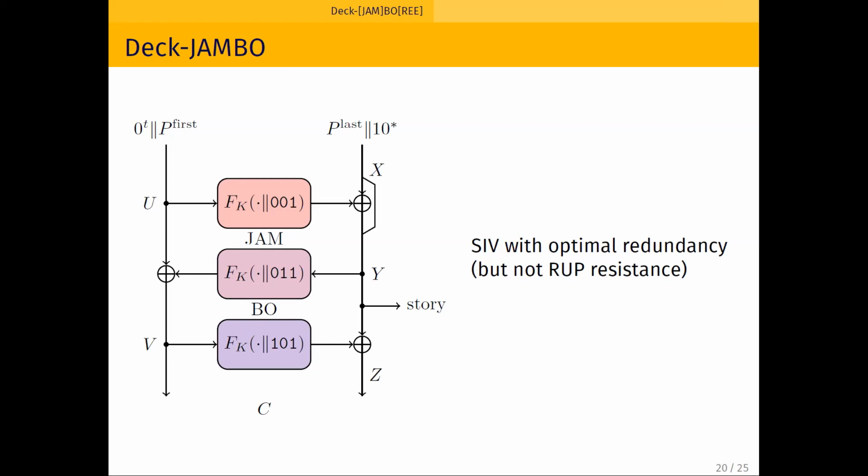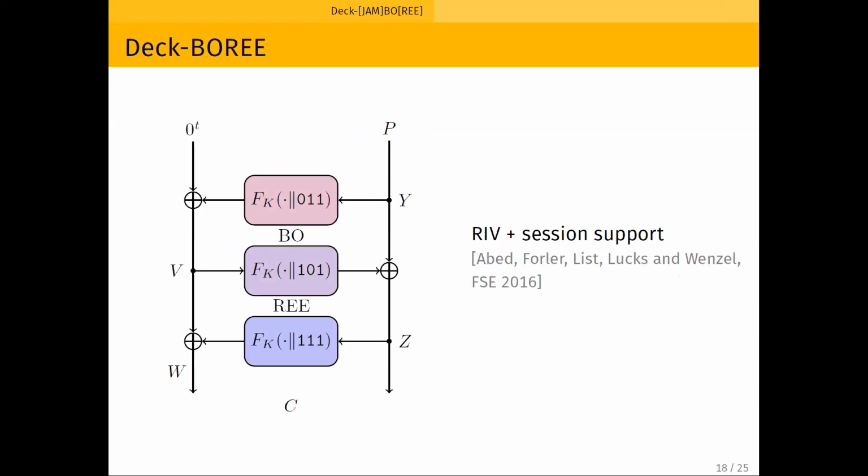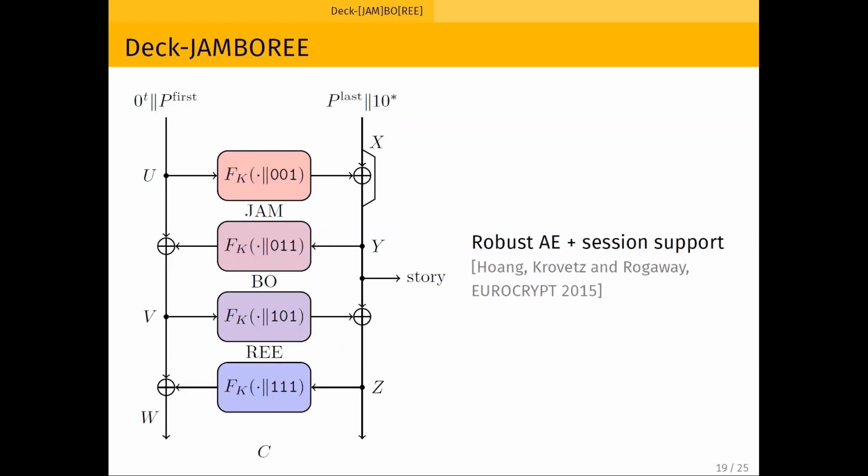So what we want to do is to connect to... let's take this one. In this case, Y is the plain text. So you want to have something that on the right-hand side is really your plain text. If you change the plain text, your right-hand side branch changes. Now, if you go here, your plain text is partly on the left, partly on the right. So you could imagine that someone changes only P first, and then the right branch would be only P last, and you would get some kind of collision.